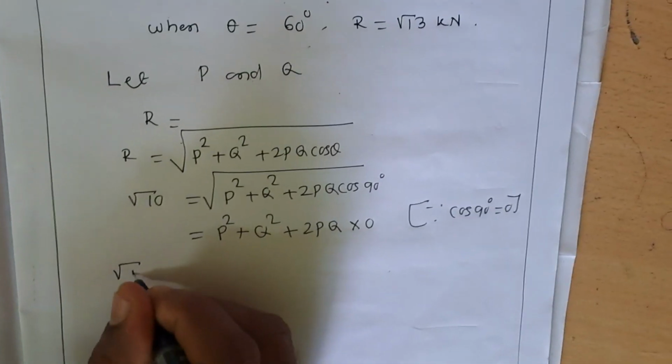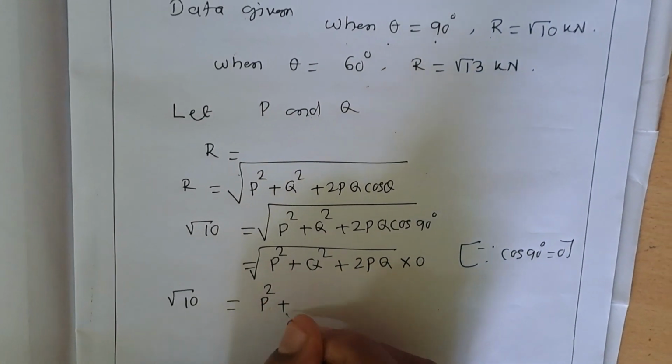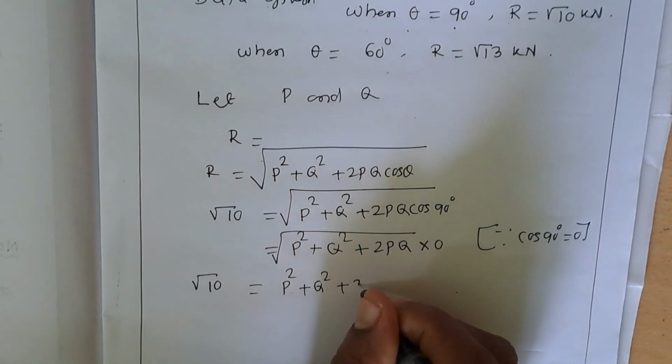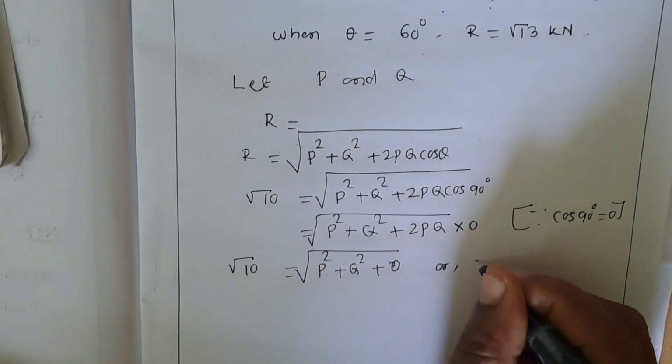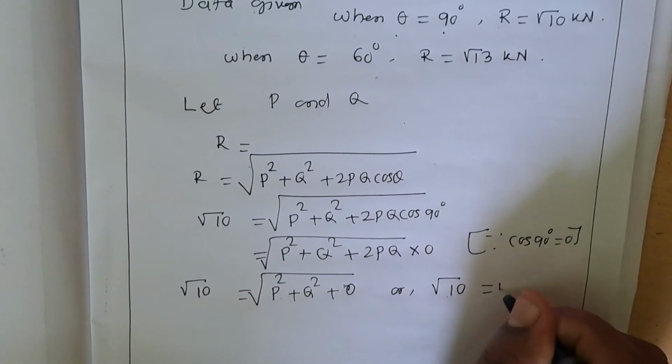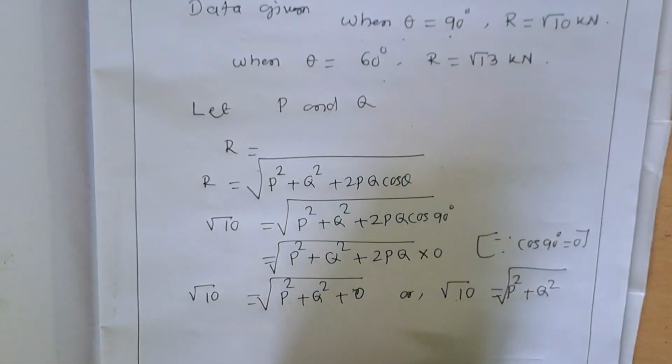Therefore, root over 10 is equal to root over P square plus Q square.